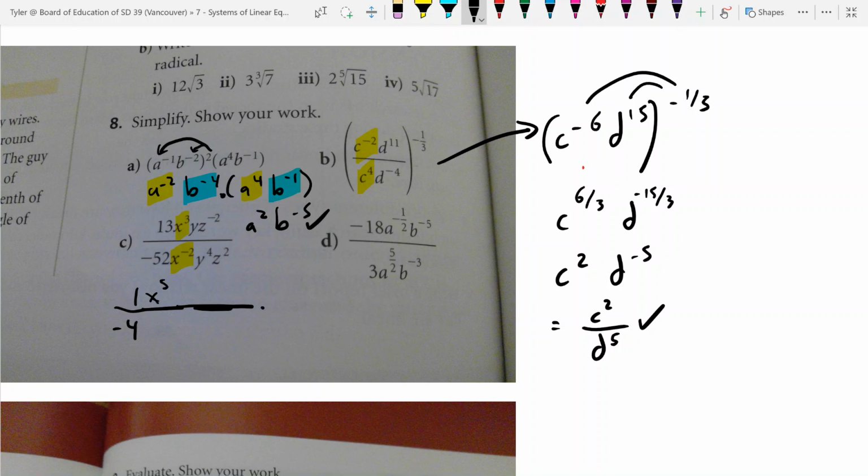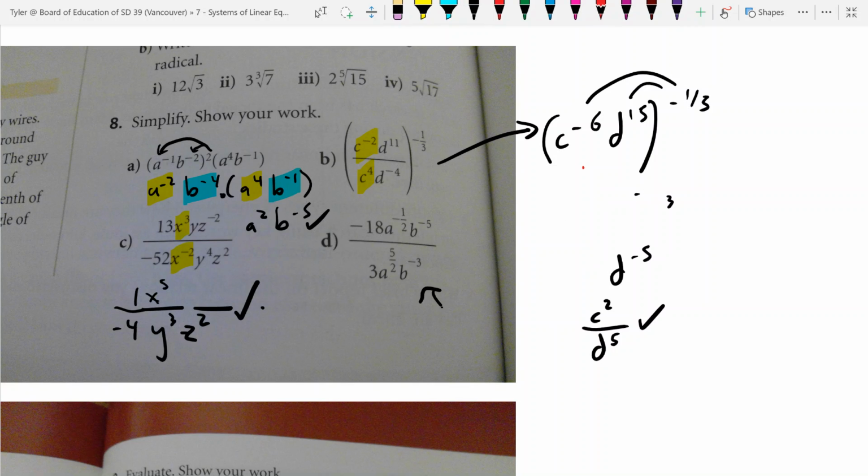The y becomes y to the negative 3 because we subtract, and the z, negative 2 minus 2, gives me z to the negative 4. Now again, these negative exponents, we don't like to have them, so we're going to move them to the denominator. So it's going to become y cubed on the bottom and z to the fourth on the bottom. Cool, and that's done. The last one we'll do right here.